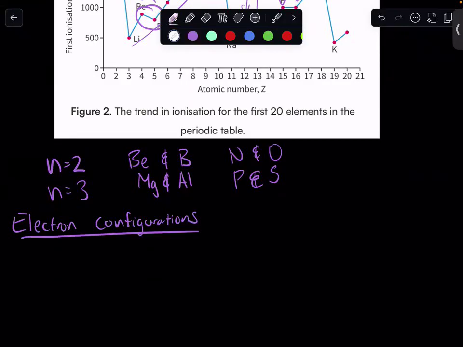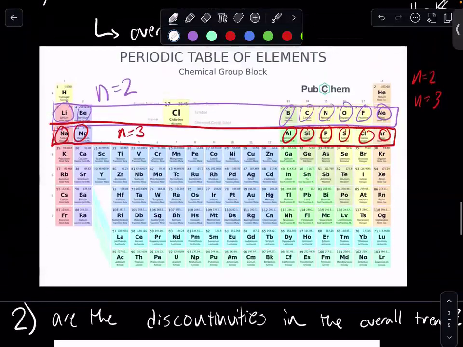So let's start with beryllium and boron. Beryllium has the electron config, and I'm going to use my periodic table here. 1s2, 2s2.